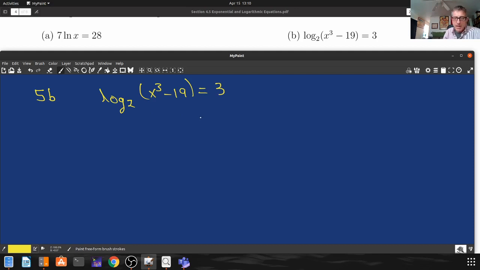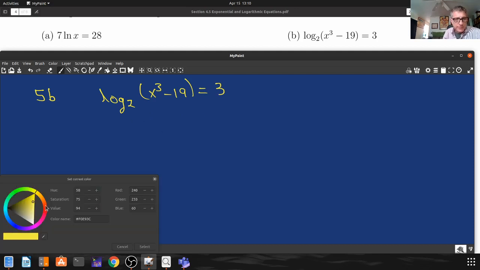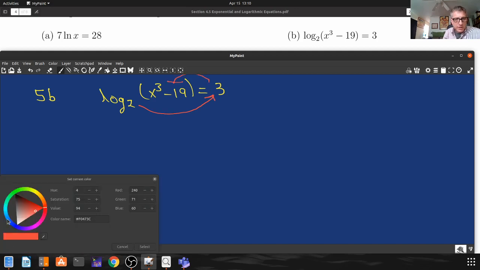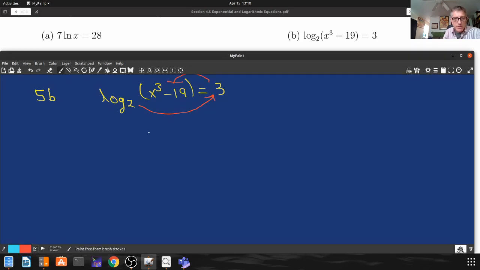This implies, by definition, that 2 raised to the third power is equal to x cubed minus 19.